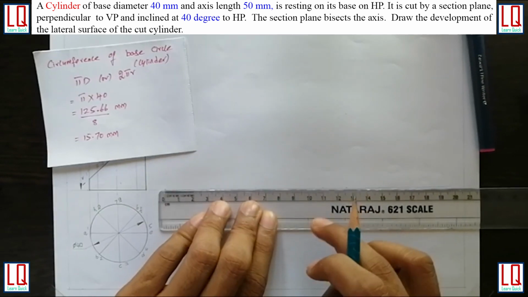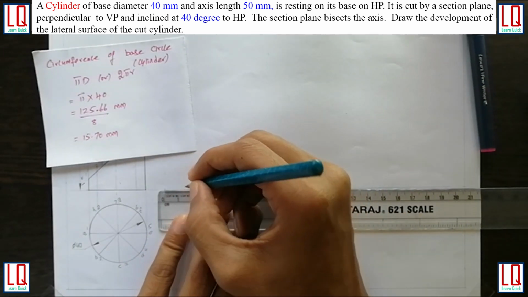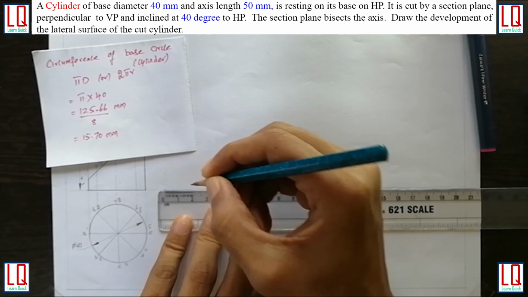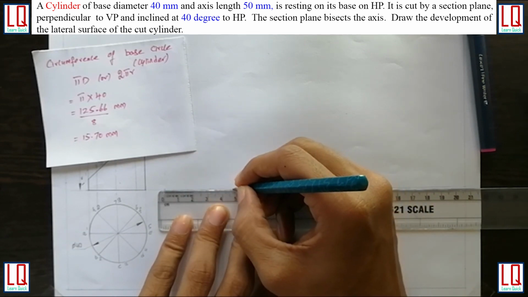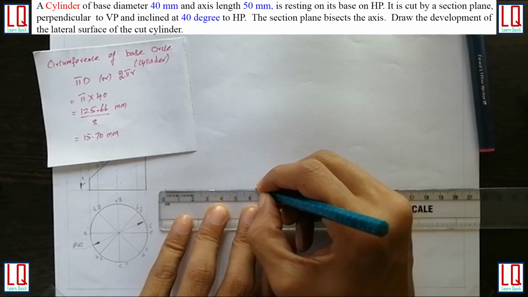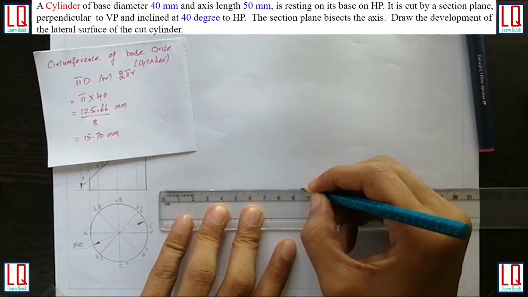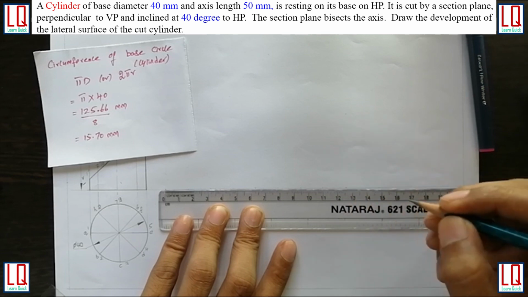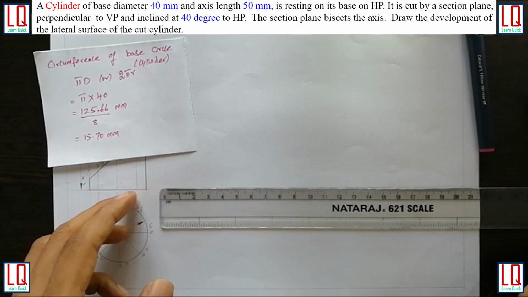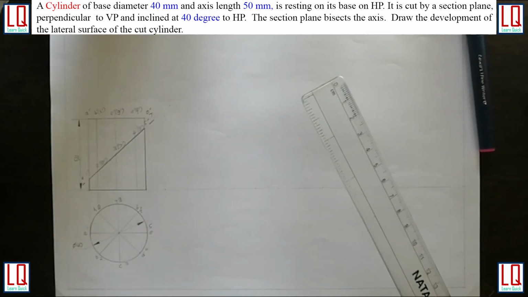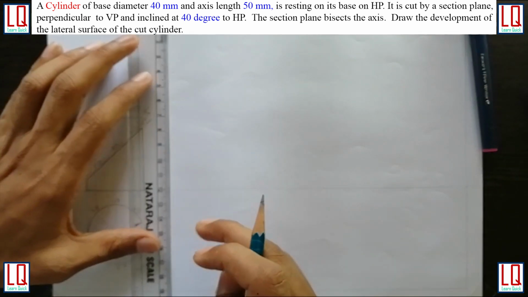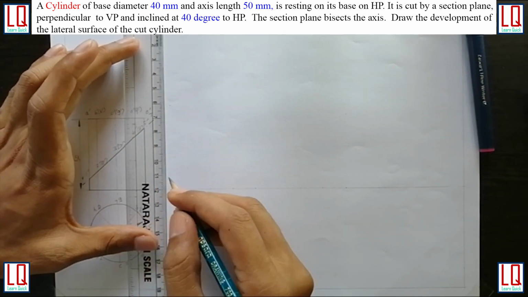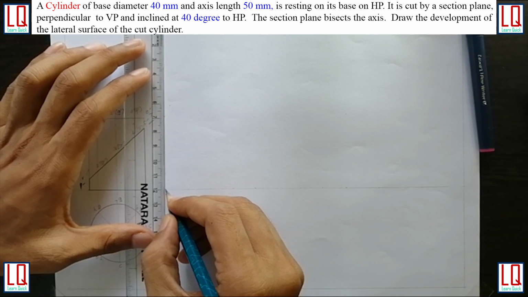You can do this by the geometric division method also. I'm going to take 15.7. If you have an engineering drafter, the best way to do this is by using the geometric division method. Okay, so after dividing, in each place I am going to draw vertical lines. The height is going to be 50.